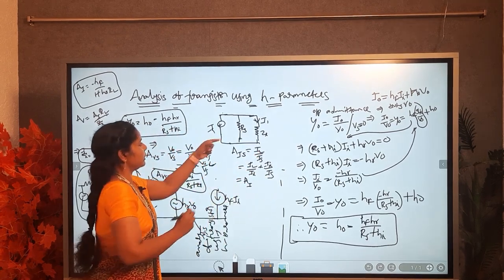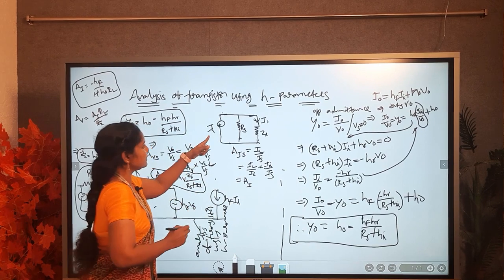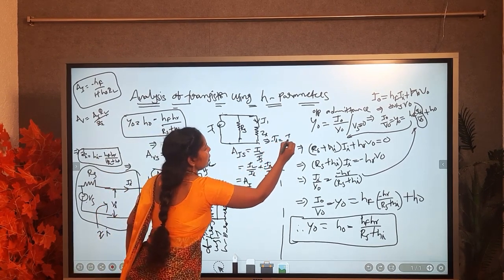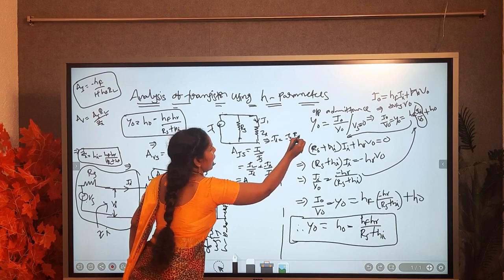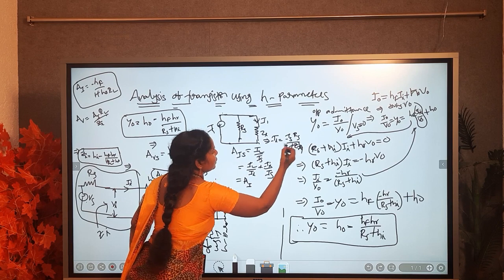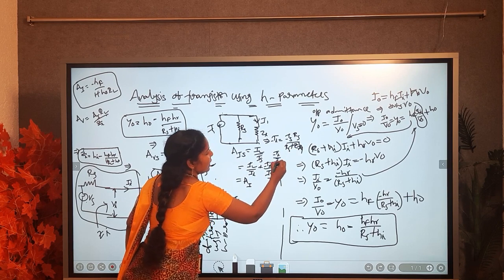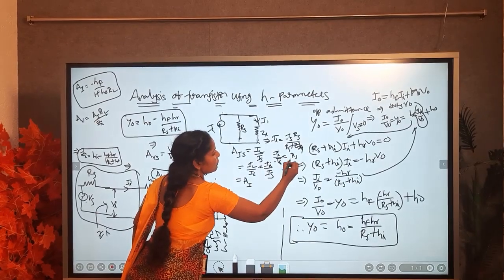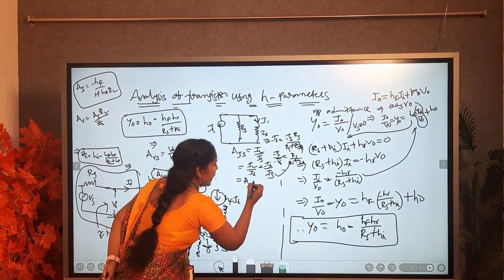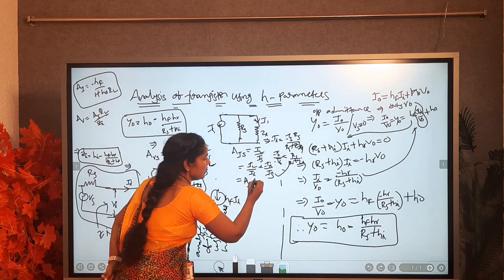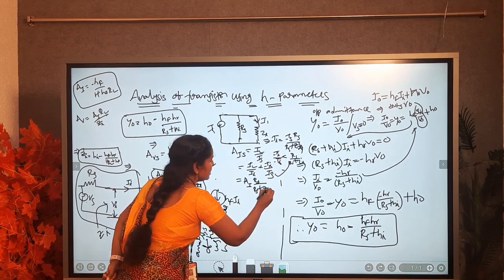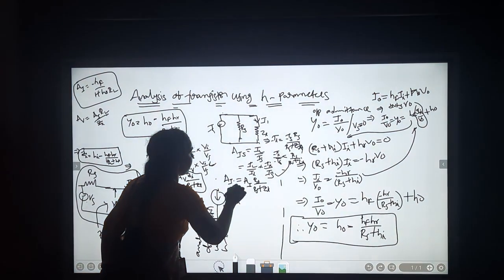You have to find II by IS. That means II equals IS into RS by RS plus ZI. Therefore, II by IS equals RS by RS plus ZI. Substitute in that, so AI into RS by RS plus ZI. This is the overall current gain.